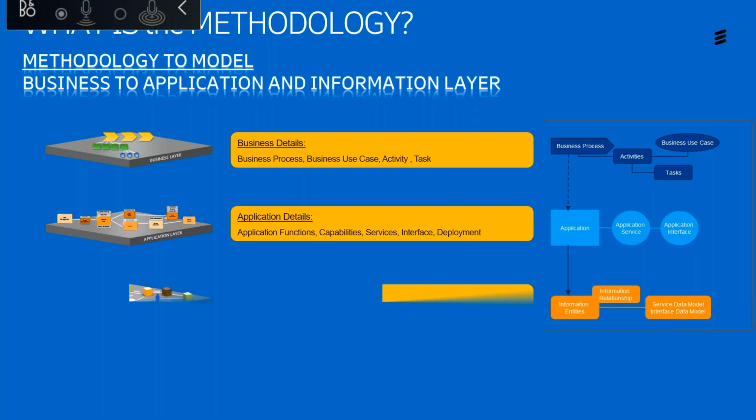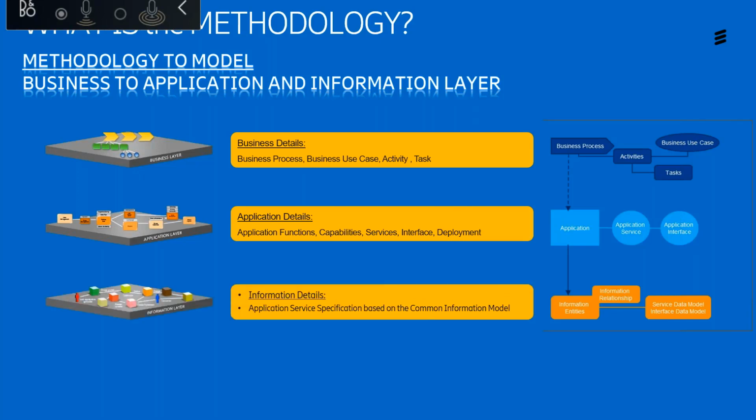Not only that, we go one more level deeper, where we do the information details, where the application specification details are modeled. And the best part is, as you know, Sparx provides a lot of customization and scripting options. So we were able to generate code like JSON structures and XML structures. We do the UML modeling, generate a JSON structure, and from the JSON structure we can directly integrate it into the applications.